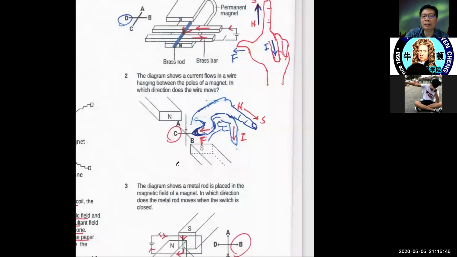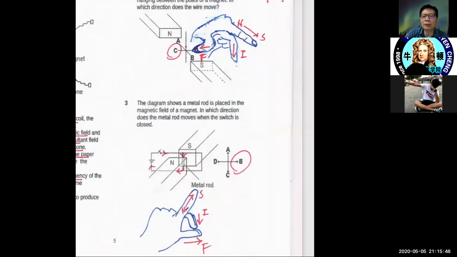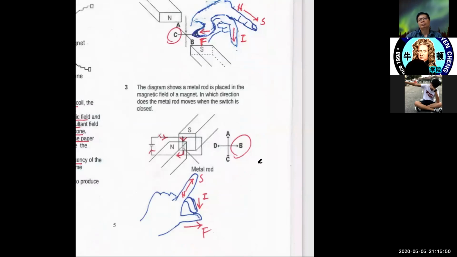All right. Question 3. Now you see, use your hand like that to find the answer. Try to understand why it's like that. Magnet north south. So this finger follows the magnet north to south. Current is from positive, comes out, then it goes down, follow here, this wire, then it goes back.